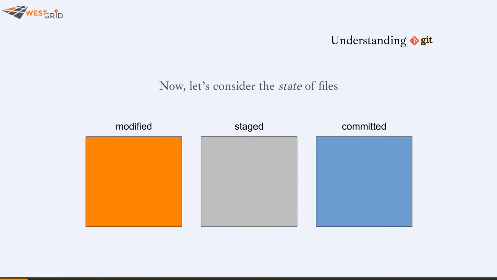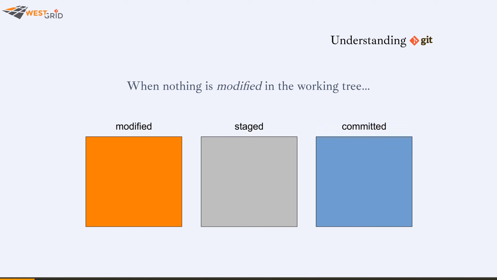But maybe it's more meaningful to consider the state of files rather than the nature of the files. The three very important categories or components when we consider the state of files are modified, staged, and committed.